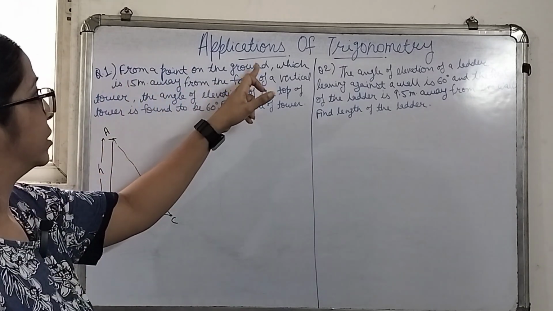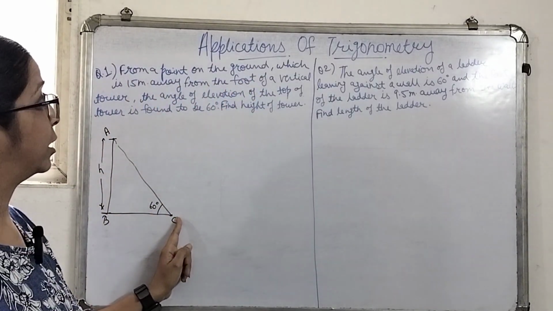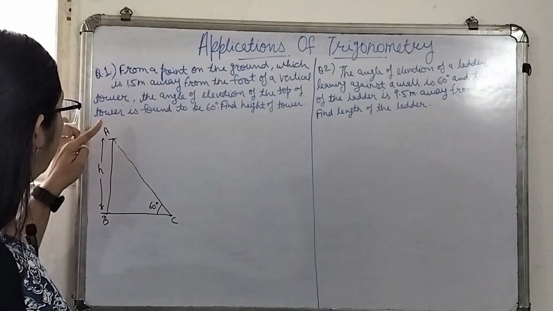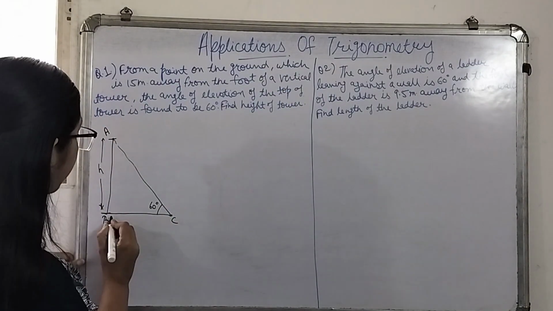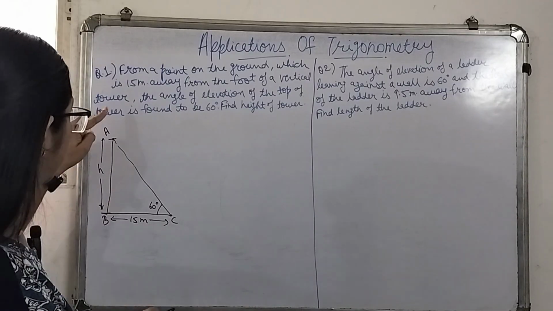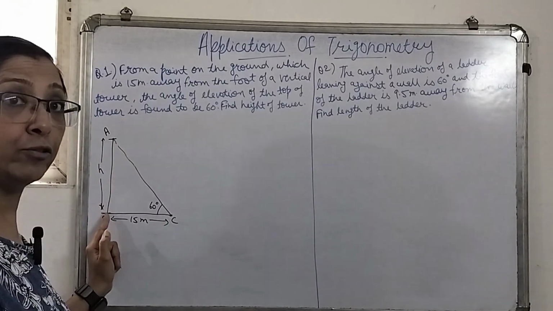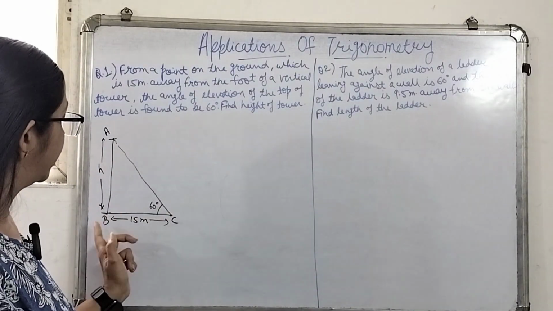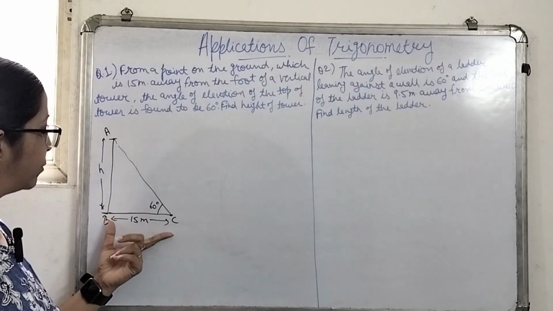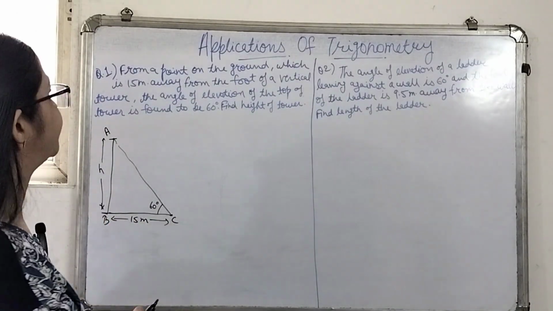The point is on the ground, 15 meters away from the foot of the vertical tower. That means BC is 15 meters.